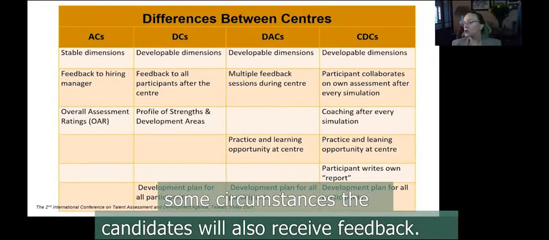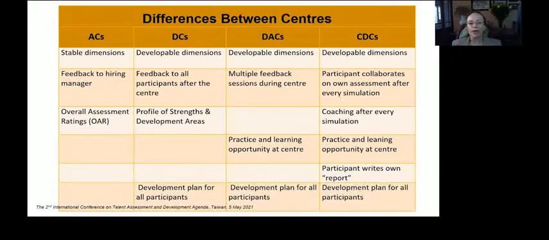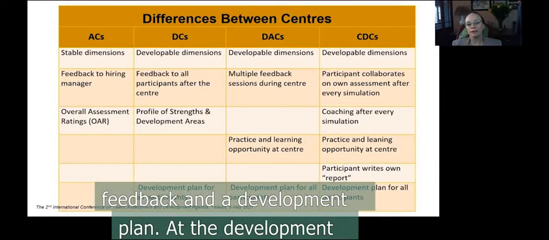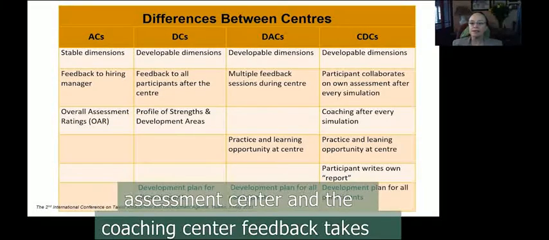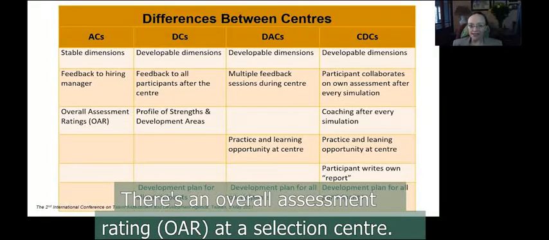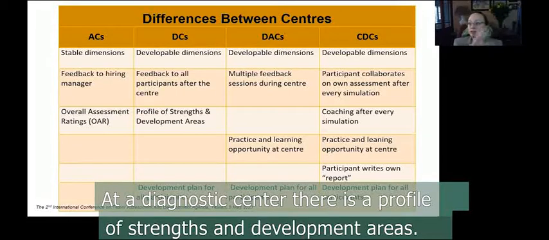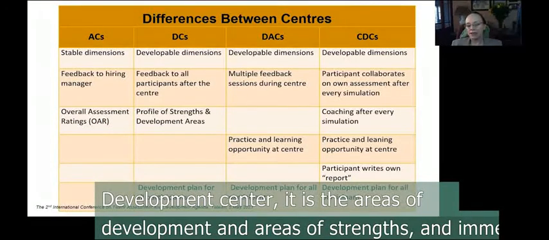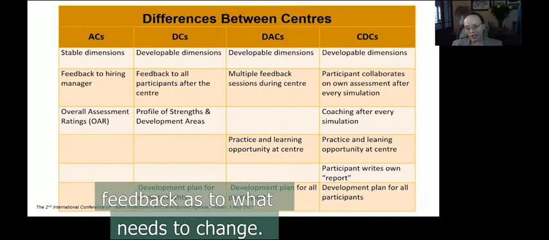In some circumstances, the candidates would also receive feedback, but during a diagnostic center, every participant receives feedback and the development plan, whereas at the development assessment center and at the coaching center, feedback takes place at multiple points during the process.